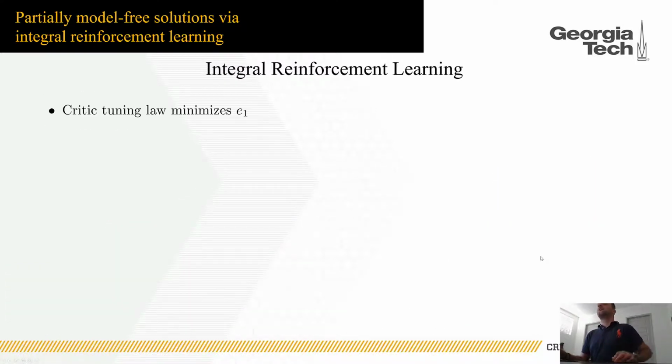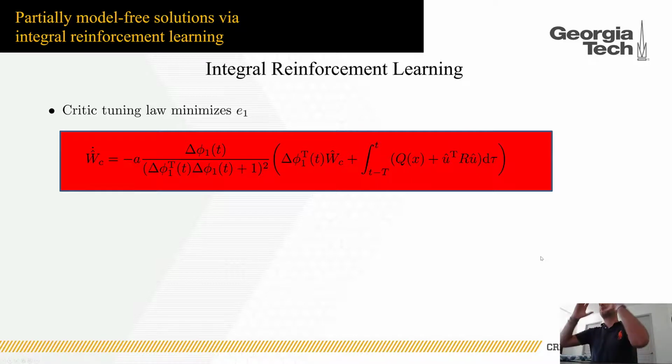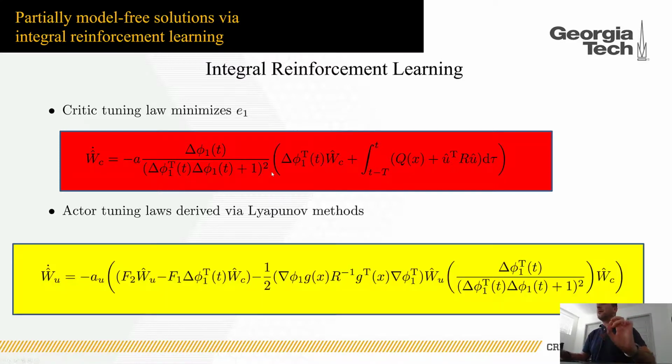Okay, so what I want to do is find the critic tuning law, which is given in this guy. The details appear in the papers. This guy doesn't have any dynamics here. The actor has this form. The only caveat here is that my G appears, but my F never appears.